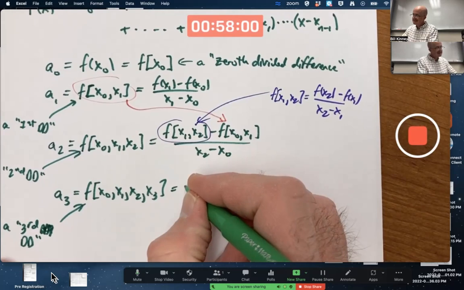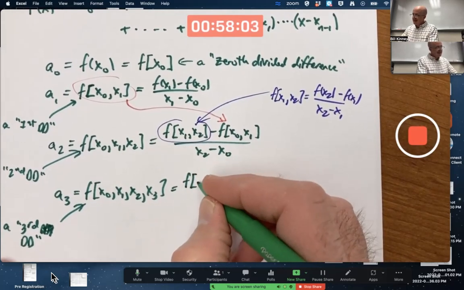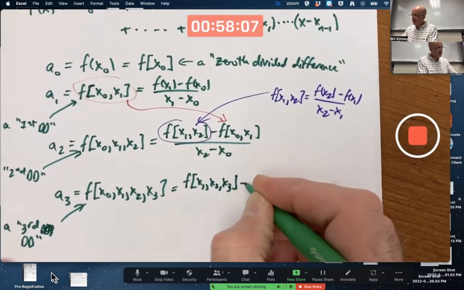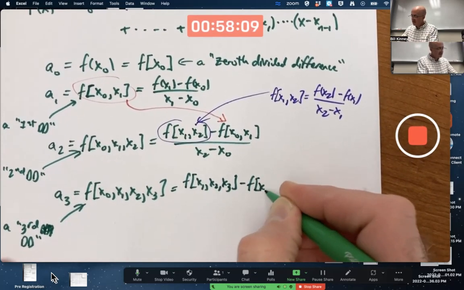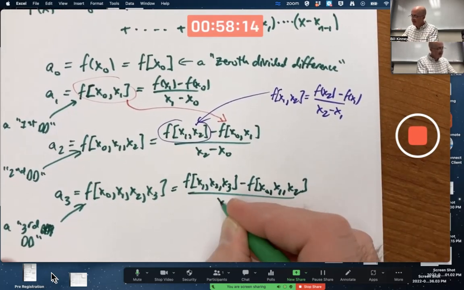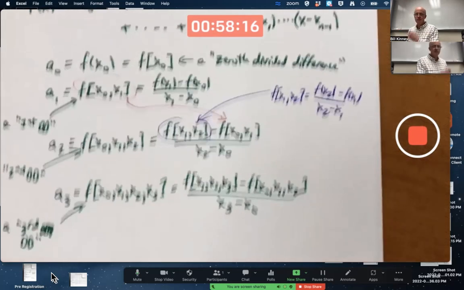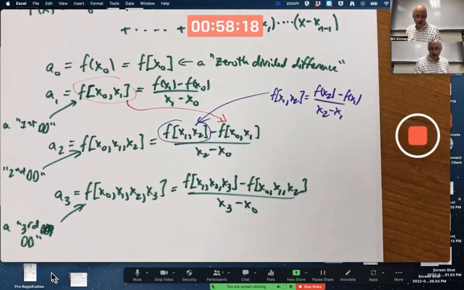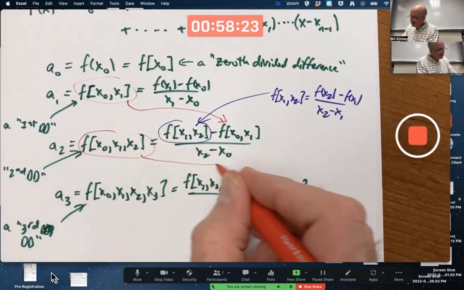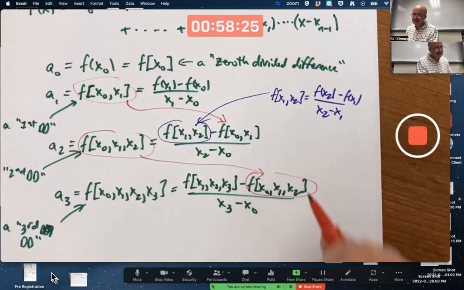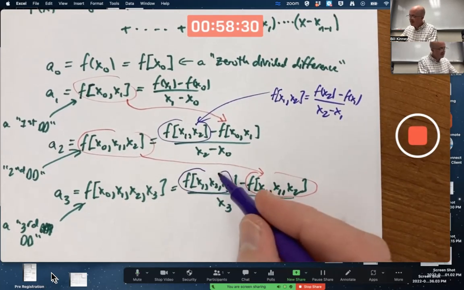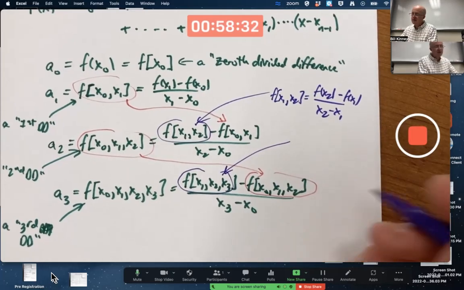Which ones? f of x1, x2, x3 minus f of x0, x1, x2, divided by x3 minus x0, where once again this gives you that, and this one is computed separately.